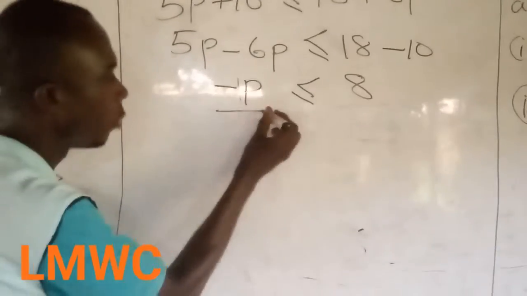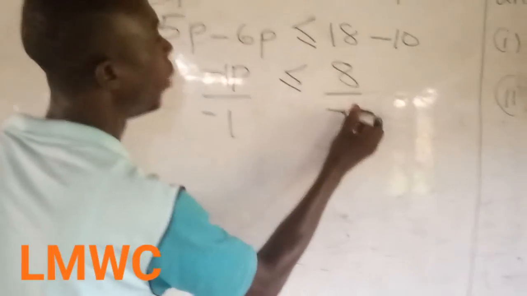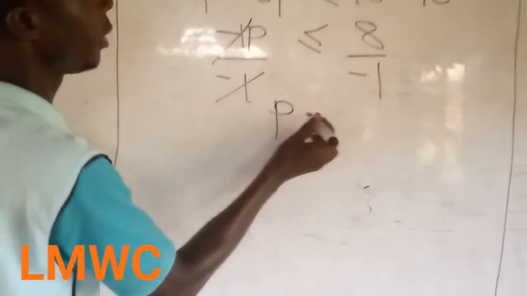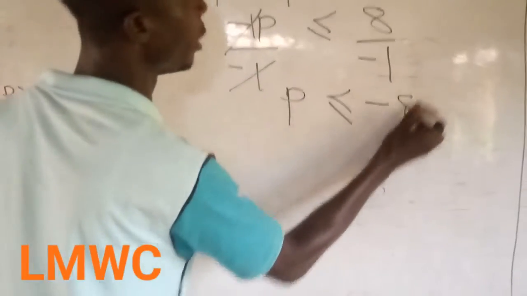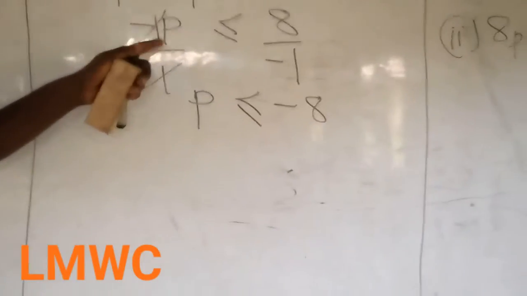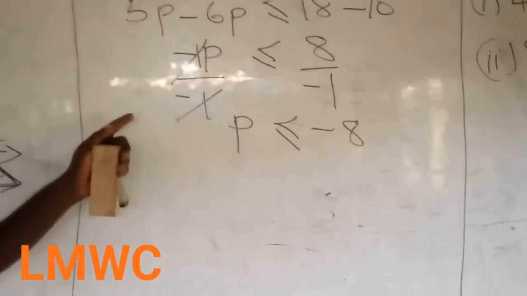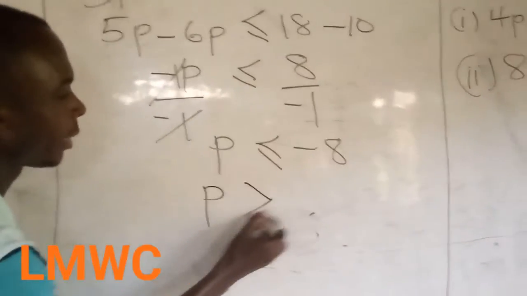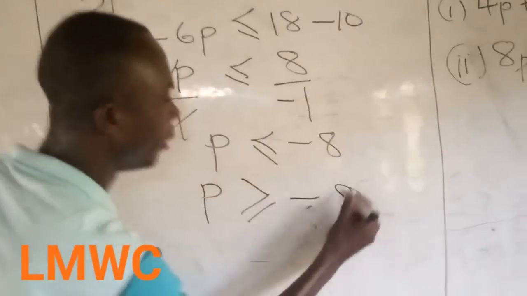So you divide both sides by negative 1. This cancels this one. So p is less than or equal to negative 8. But because we are dividing through by the coefficient of p and the coefficient of the variable is negative, the symbol will what? Change. So it becomes p is greater than or equal to negative 8.